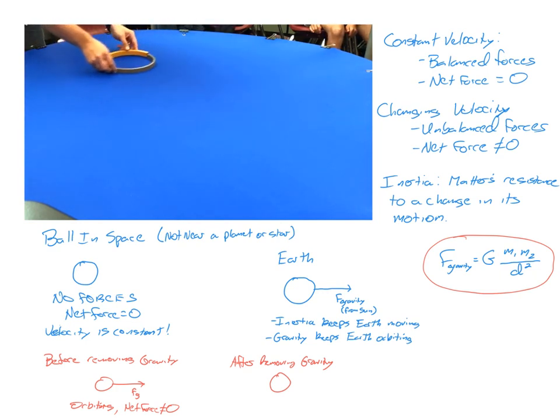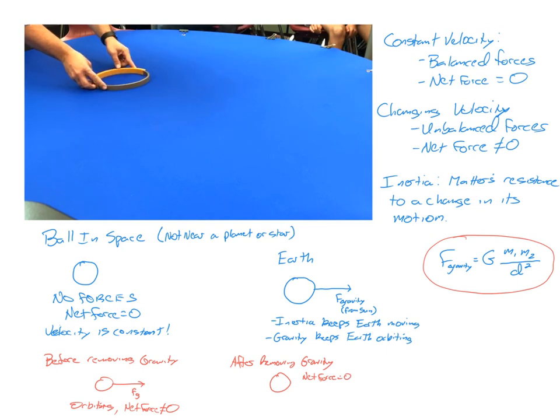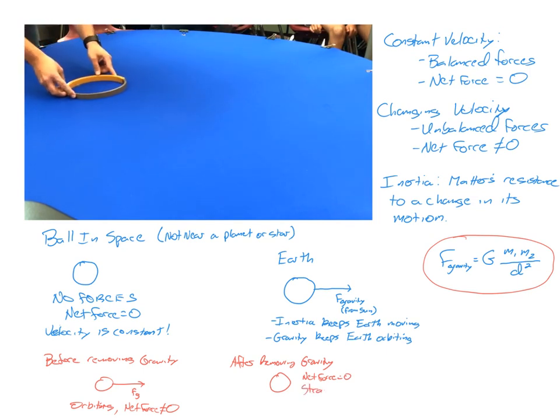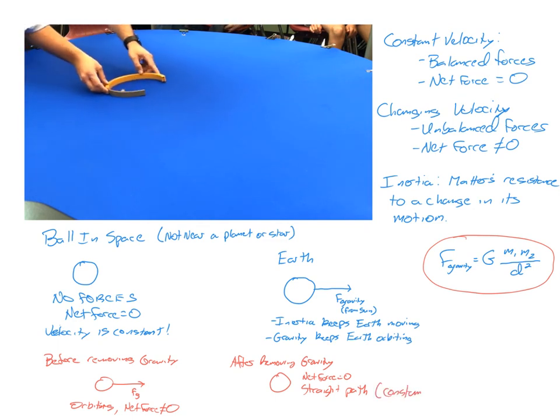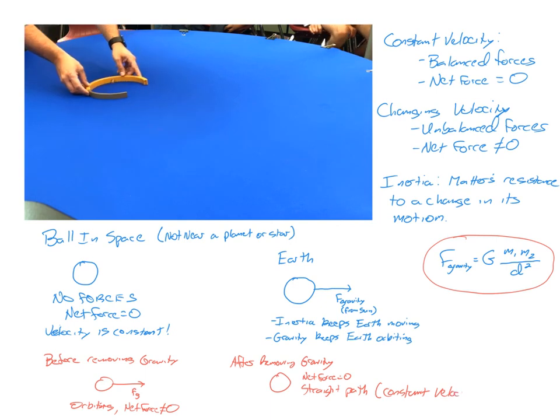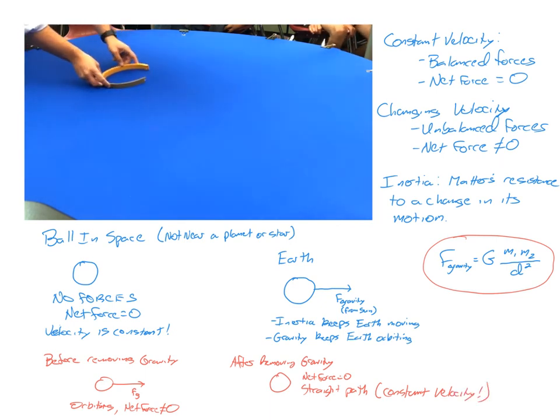So if I get this going, it's going to keep going in a circle. But if I were to open the ring, I'm going to open this halfway, like so. And we're going to see that once it's open, it just keeps going in the direction that it's heading at this moment when there's no more force acting on it. So it's just boom, straight line.